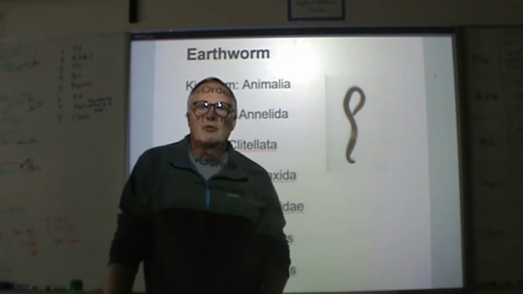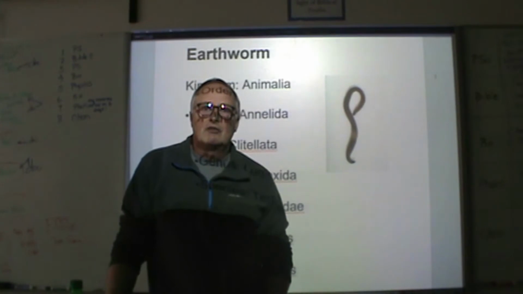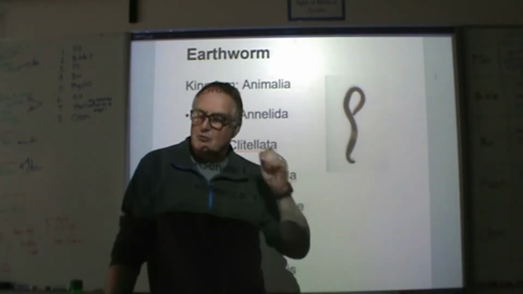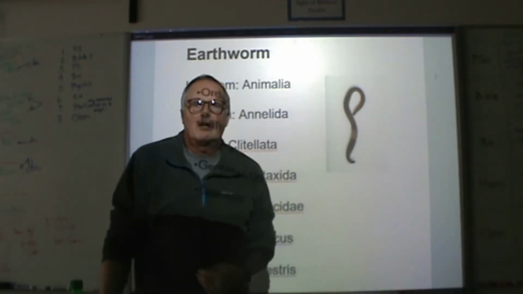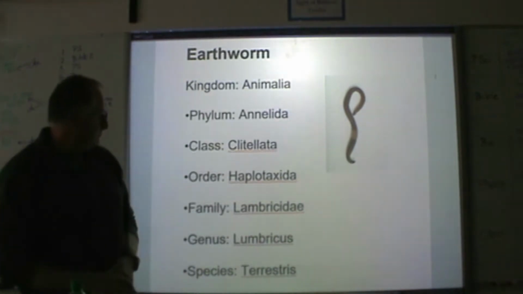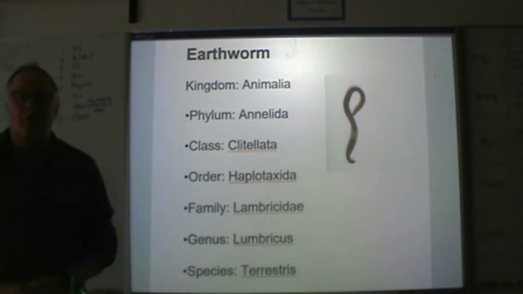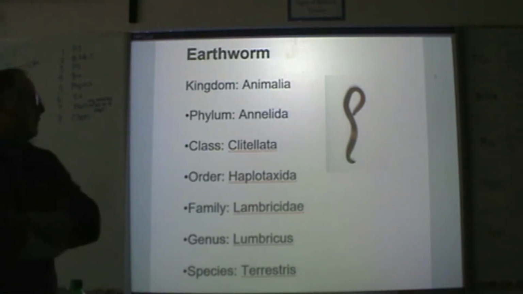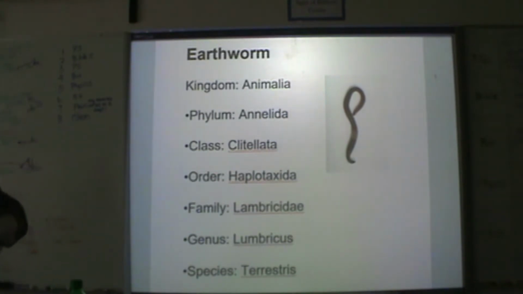You're going to need to know the classification, the taxonomy, and so I will keep talking, but the taxonomy is here. Here's the earthworm, the more familiar one, and you can go back in the video when you need to and you can find this, but you'll know where it is.